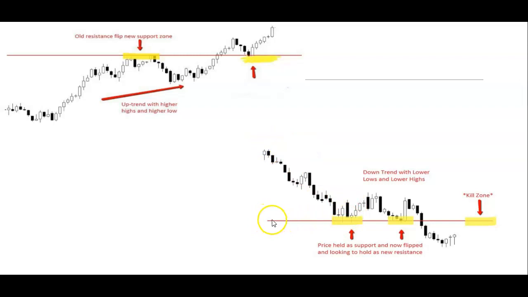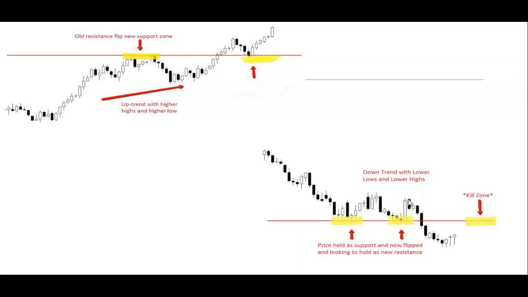This particular zone was acting as support in this case. Price couldn't break it, so price got into this zone, then went into a buy. Shortly after that, price fell, came back into this zone, still acting as support, then it rallied again.